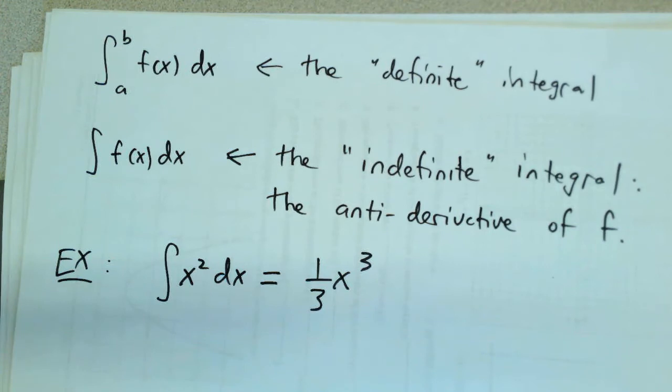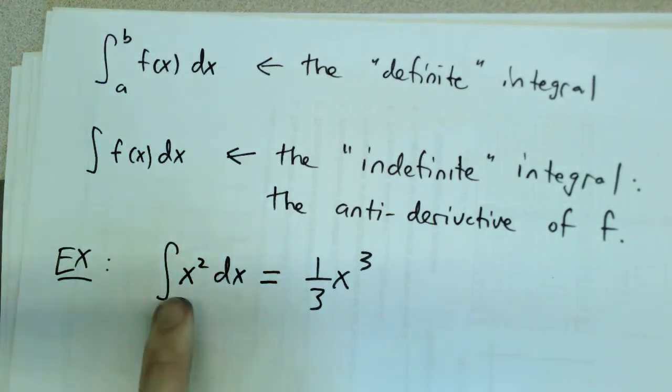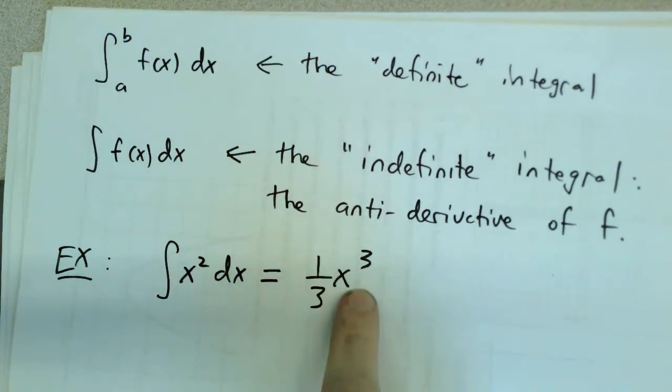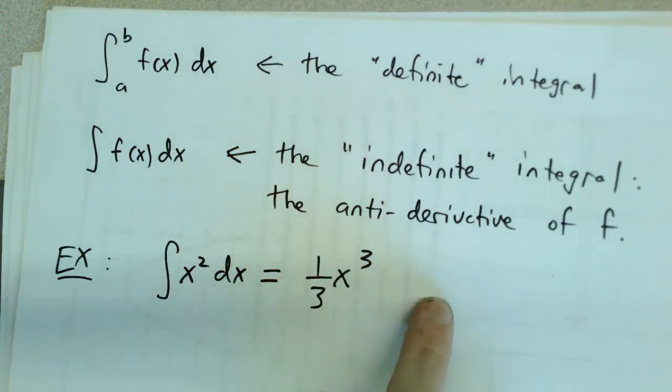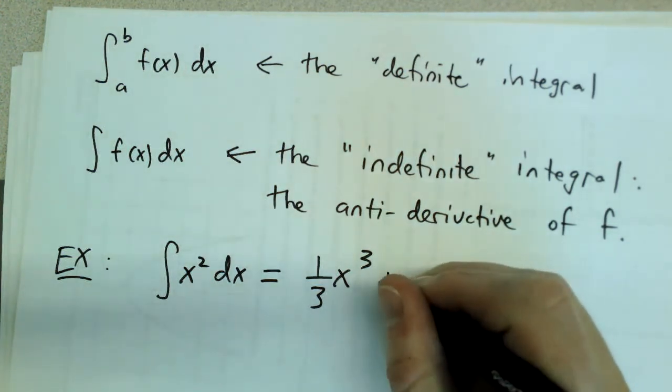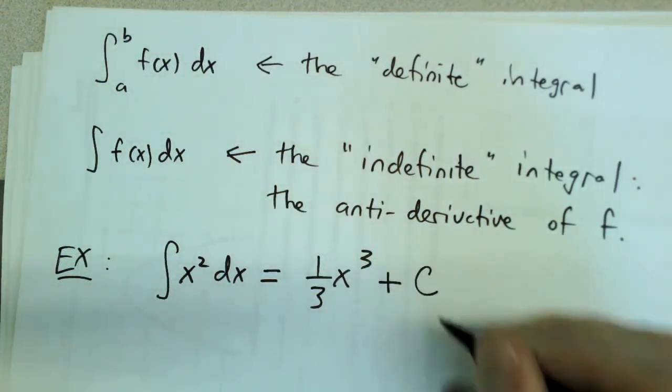You might remember, though, that this function has more than one antiderivative. Like if I wrote 1/3 x to the third plus 7, that would also work, right? Or plus 12 or plus any constant. And you might remember that sometimes to represent the fact that you can have the addition of any constant, we write plus c.